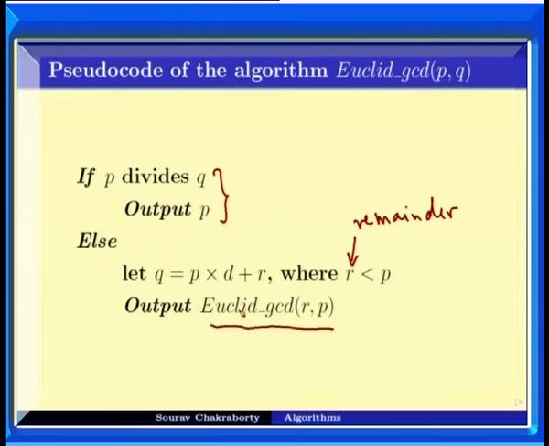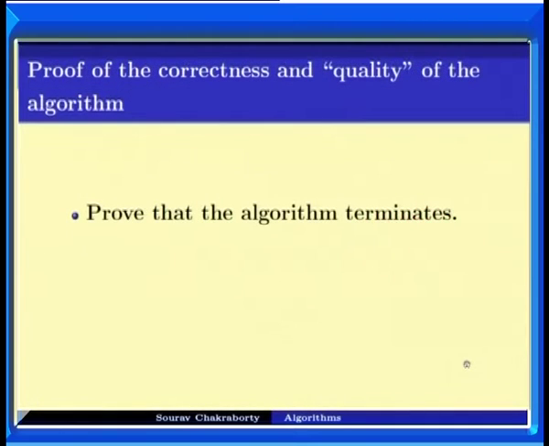As such, the algorithm seems to be fine, but we need to prove a lot of things about this algorithm, right? For example, we need to first prove that the algorithm terminates, and remember that this is a recursive algorithm. If you have ever written a program in C or any other language, you realize that when you write a recursive program, the chance of it not terminating is high.